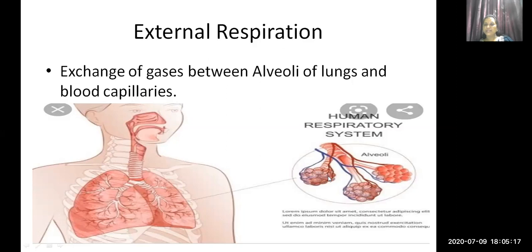Now the oxygenated blood capillaries start reuniting. After the hemoglobin and oxygen combination, these blood capillaries reunite and form a pulmonary vein. This is the red colored pulmonary vein.